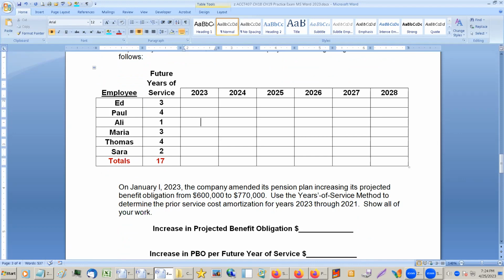All right, so coming down here, the projected benefit obligation goes up by 170,000.